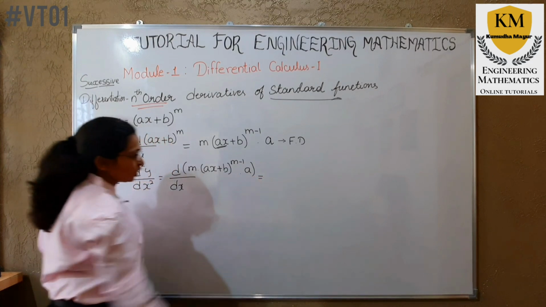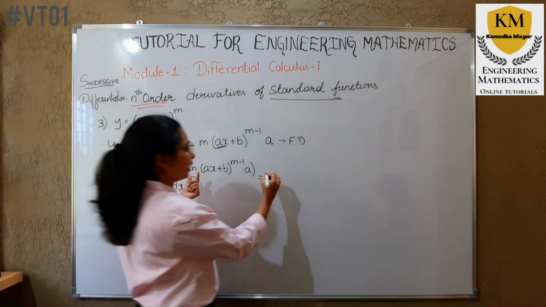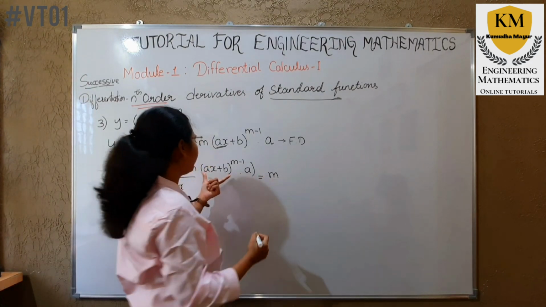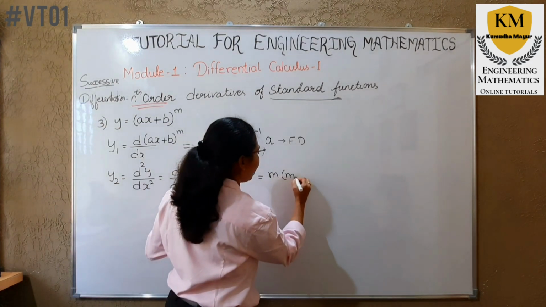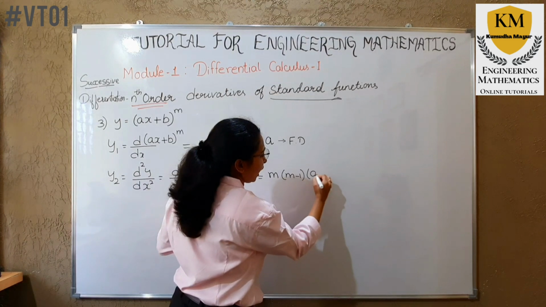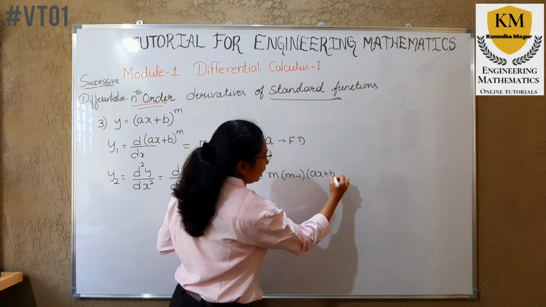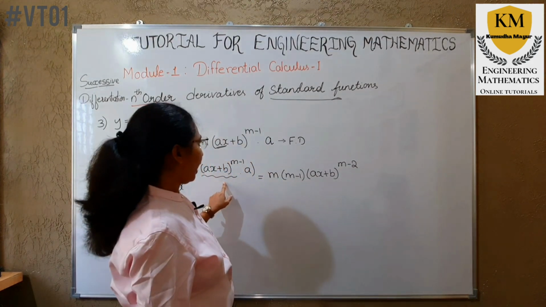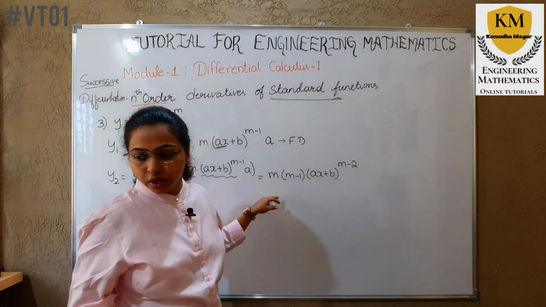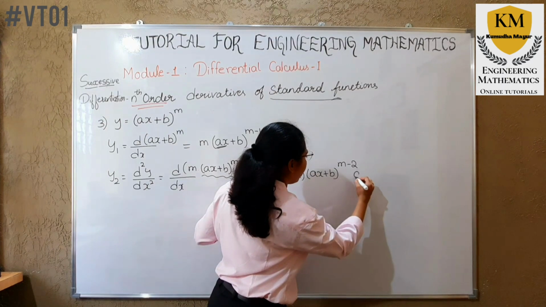When I differentiate this, m is a constant, let me keep it as it is. When you differentiate this part, you are going to get m minus 1 into (ax plus b) whole to the power m minus 2, and I am just going to carry this a as a constant as it is.